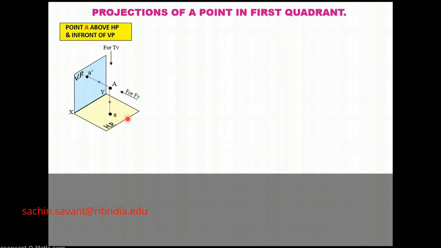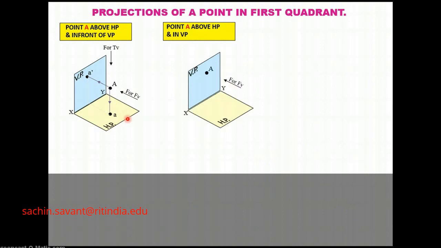Then the point A is above the HP and in the VP, not in front, in the VP. So this is the projection of point A dash, which will overlap with the point A, capital A. Then this is the projection of point A in the top view.